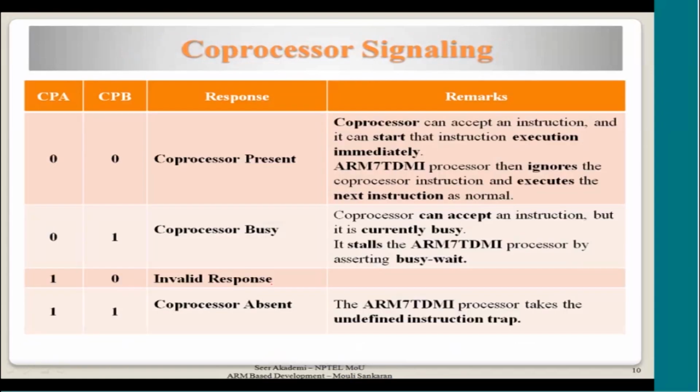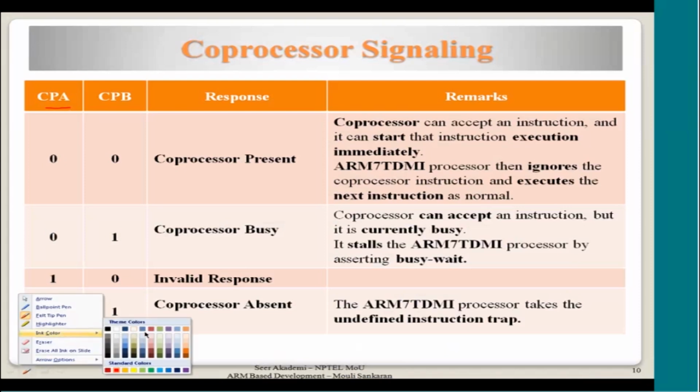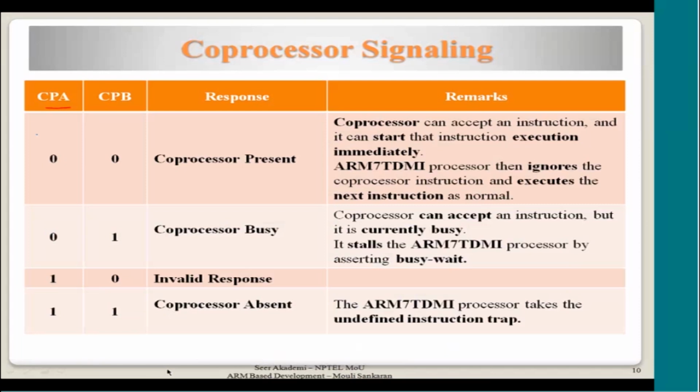Now let us understand what the different signal combinations mean. When the coprocessor is absent, let me use some other color here. CPA and CPB: CPA means the coprocessor is absent.